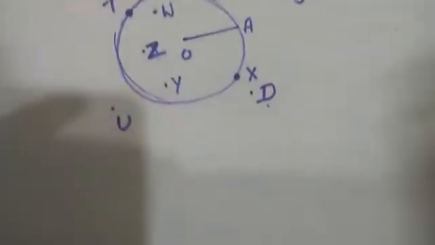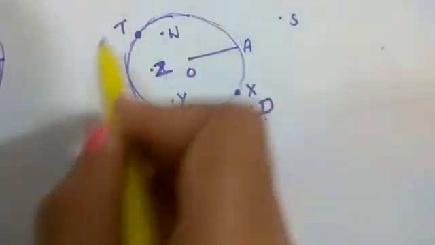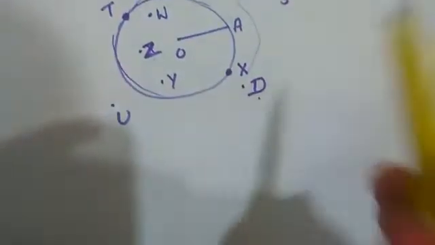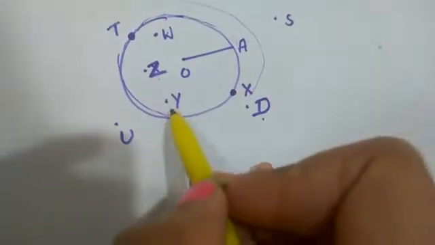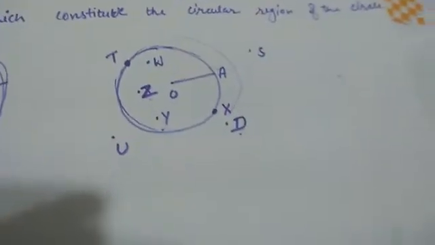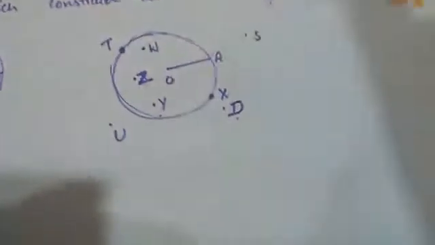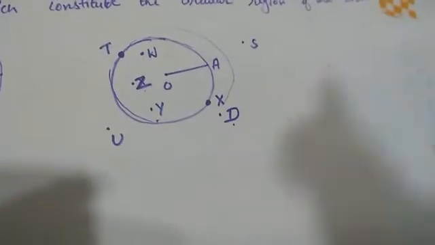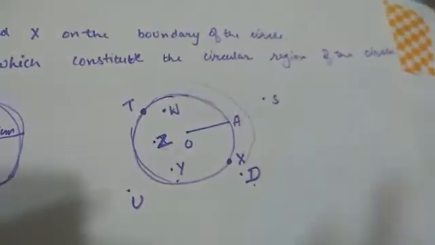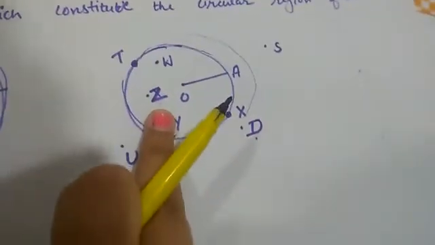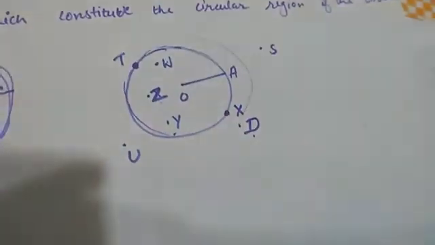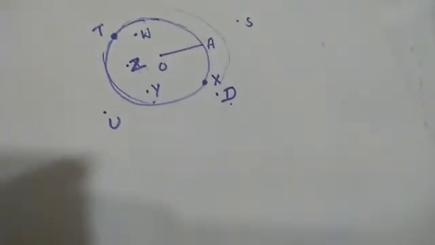In simple language, if you are trying to cut this page, cut this circle, then the points which are inside the circle are with you. But the points that are outside the circle are not with you. So that means name the points which constitute the circular region of the circle: all those points that are interior of the circle and all those points that are lying on the boundary of the circle. Get it?